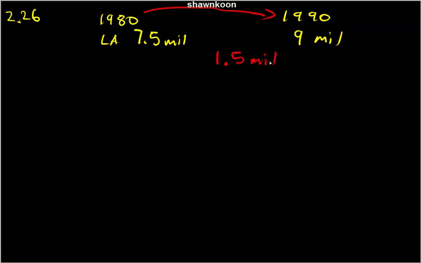So which means we have to find how they got this 1.5 million out of the 7.5 million. So in order to do that, we have to set up an equation, right? So 7.5 million times a certain percentage should give us what?